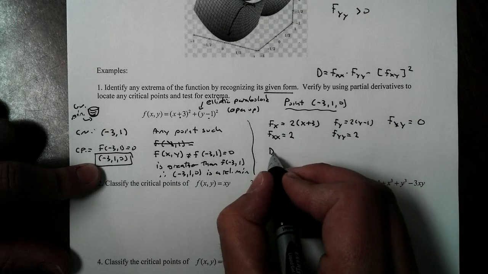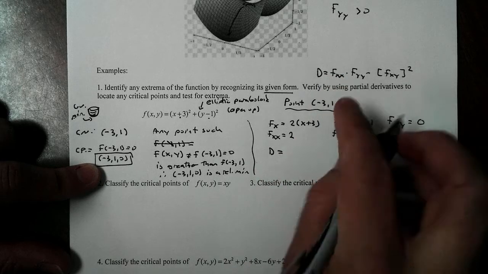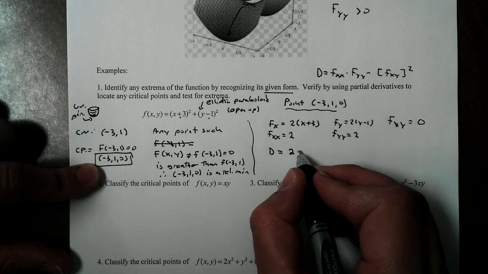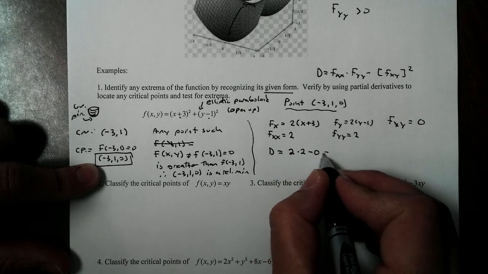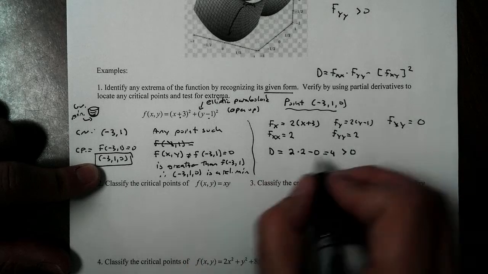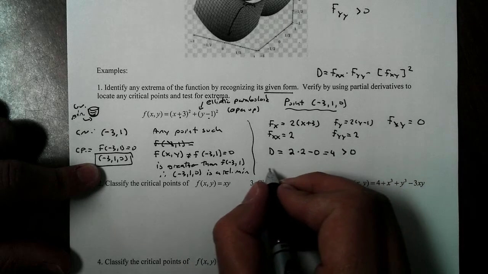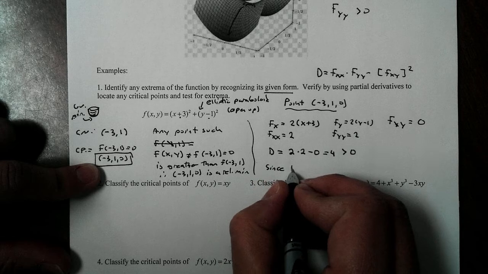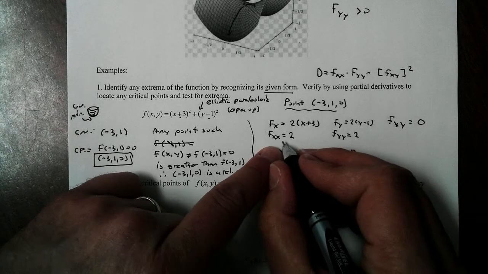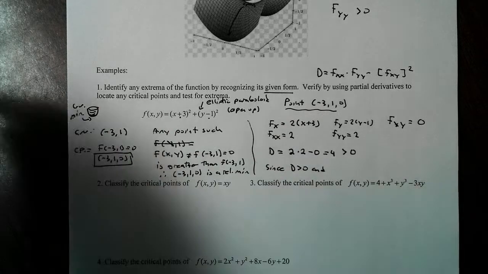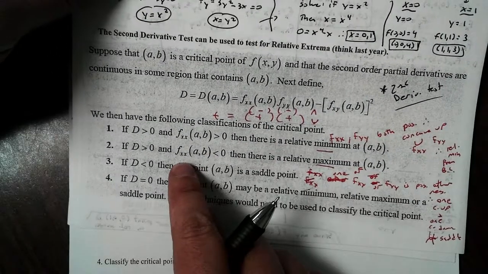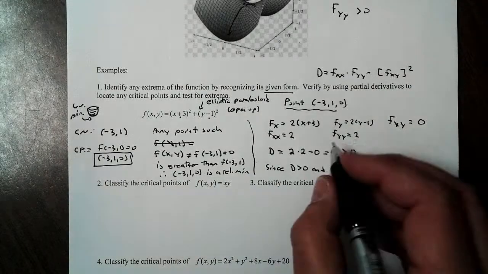To get D here, we just multiply those together. We don't have to plug in any points here. It's going to become 2 times 2 minus 0, which is 4. 4 is greater than 0. So since D is greater than 0, and remember, we only have to worry about the fxx part in our rule, that it is greater than 0.